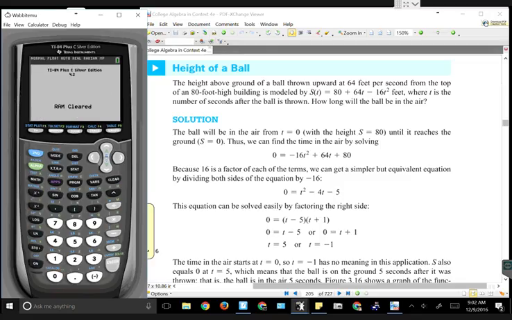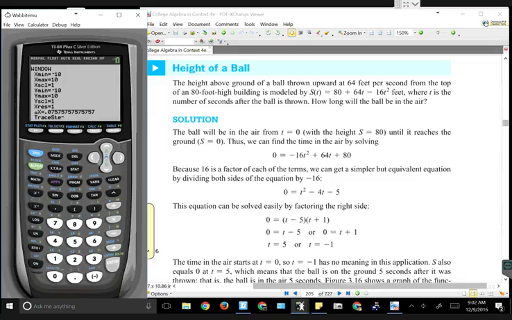Step 1. Do I actually want to try and go and factor this thing out? No. Graph it. So, y is equal to negative 16x squared plus 64x plus 80. Is that my equation?